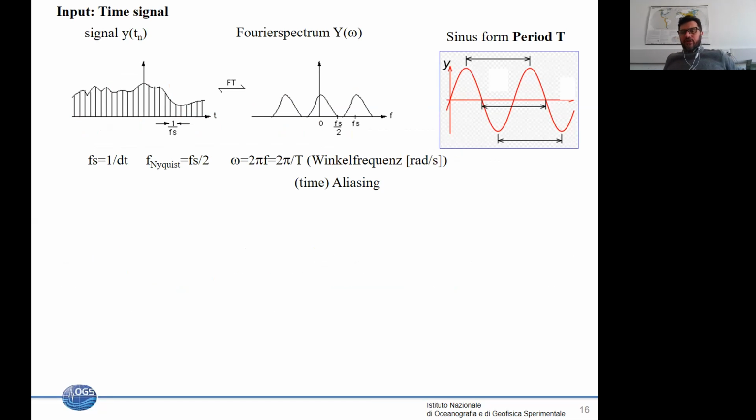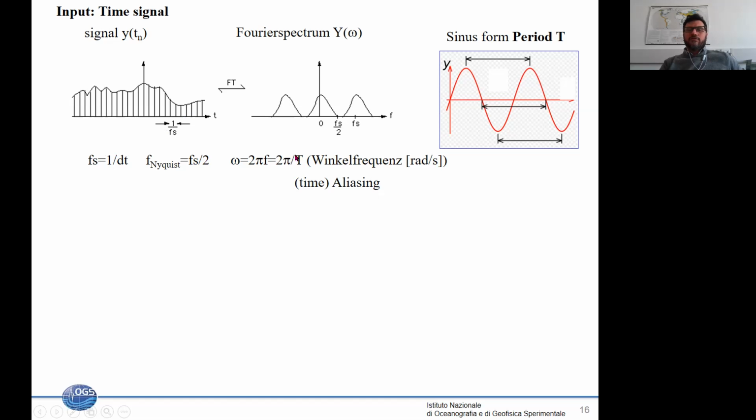There is also a very nice correspondence between what we see in the time domain and what we can see in the space domain. If we have a signal in the time domain, we said we have samples every dt, and when we calculate the Fourier transform, we will have a step in frequency and a maximum frequency, which is the Nyquist, that depends on 1 divided by dt, divided by 2.